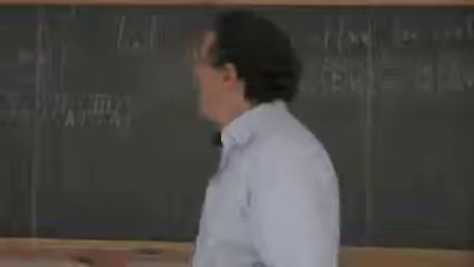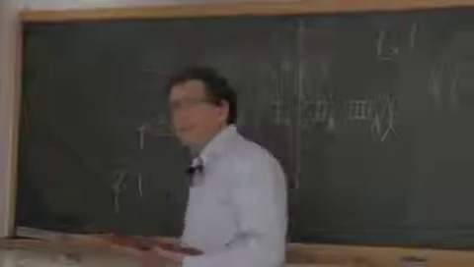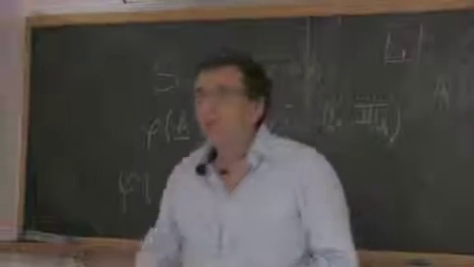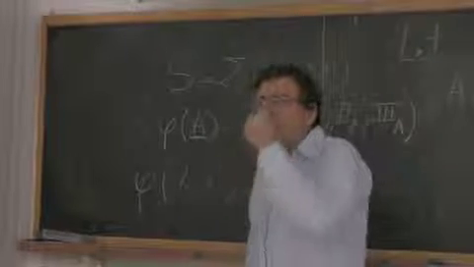Then we assume that the function phi is isotropic, and we want to prove that actually this phi is made in this way. So the only problem we have now is the following.